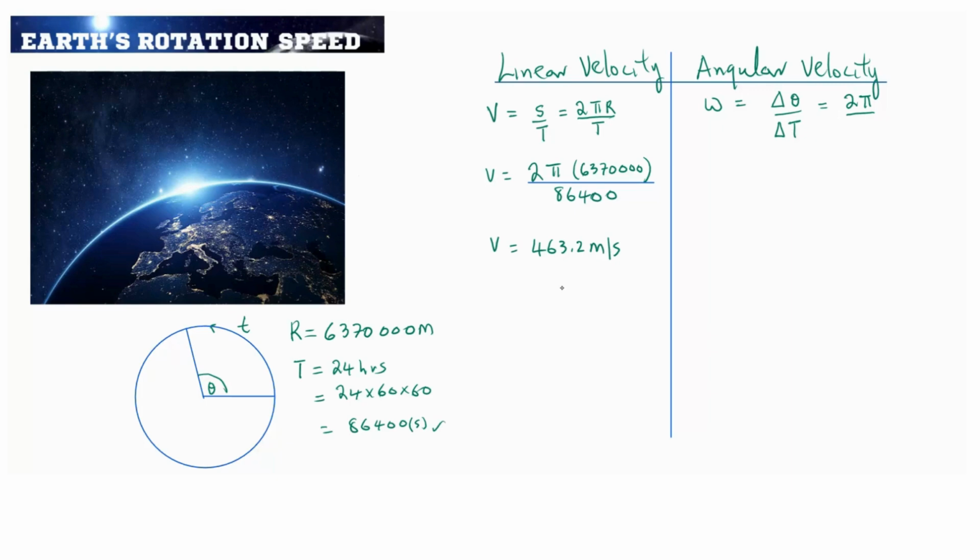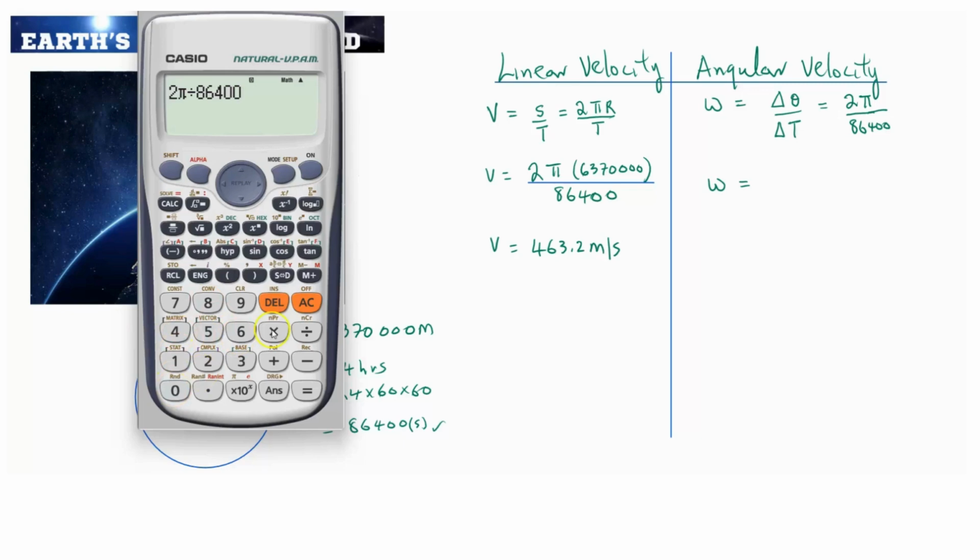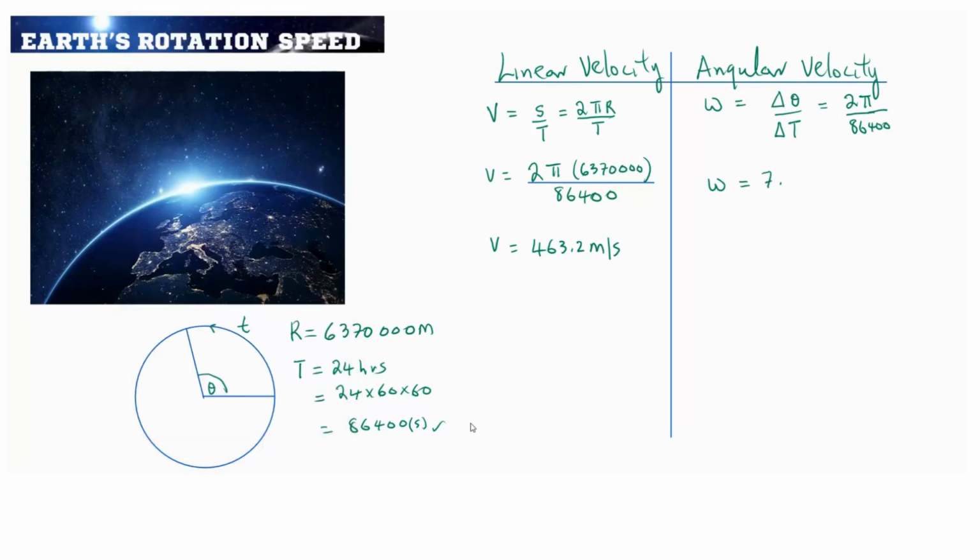So we have 86,400 seconds. And we input this in our calculator, and this value here would be in radians per second. 7.27 times 10 to the minus 5 radians per second.